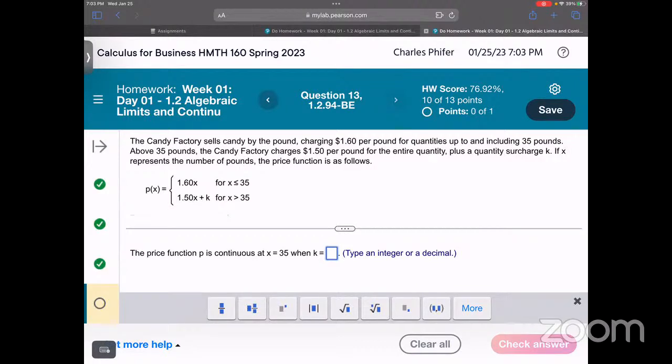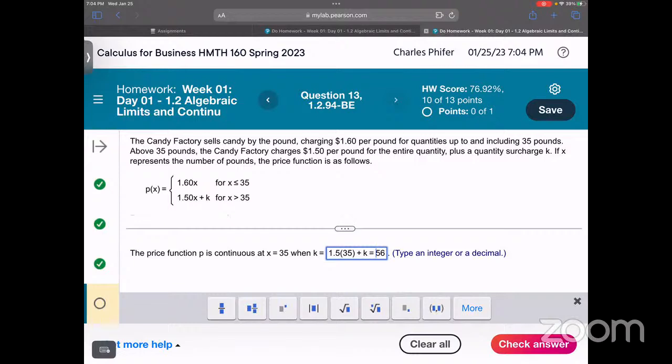Then when we plug 35 into line 2, we need it to equal 56. So we're going to make an equation: 1.5 times 35 plus K needs to equal 56. Now we have one equation and one unknown that we can solve.